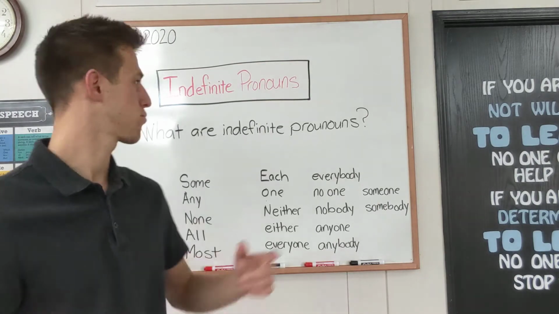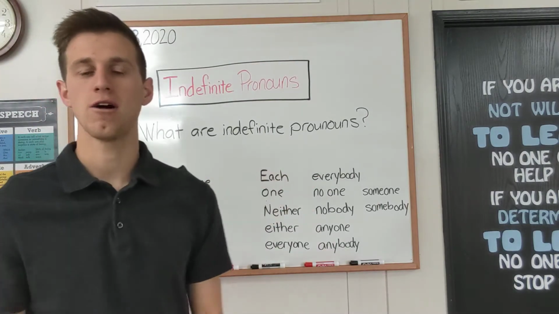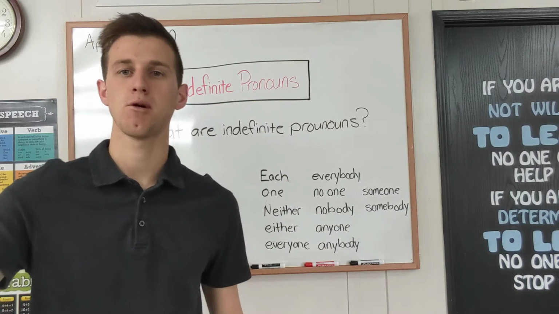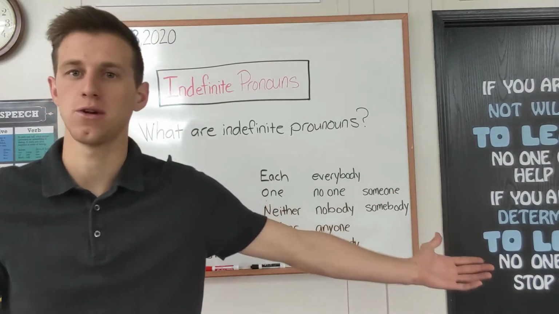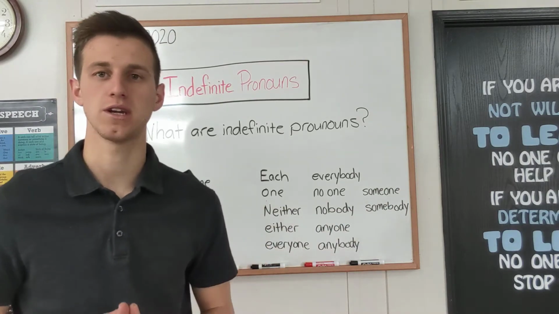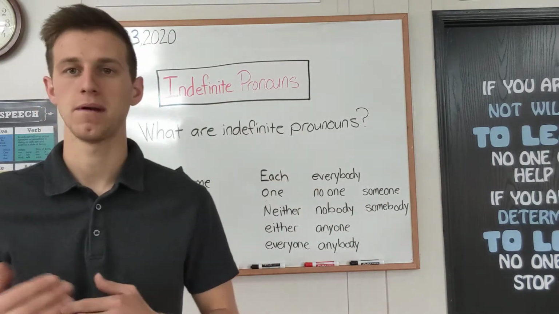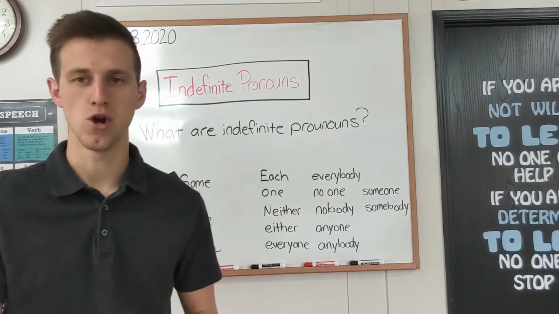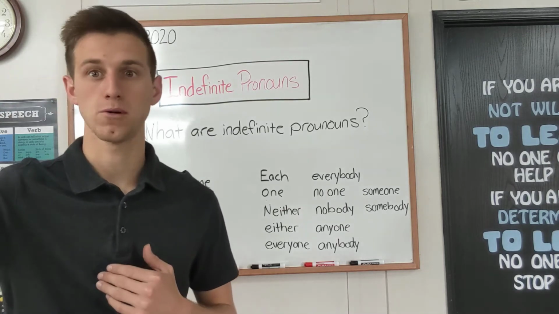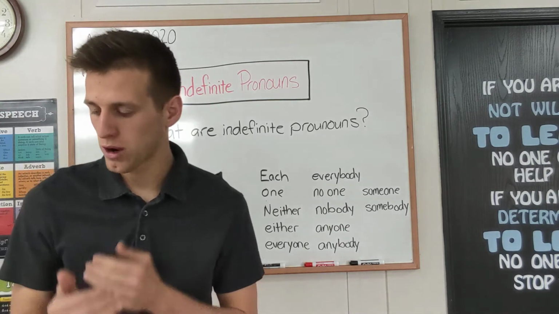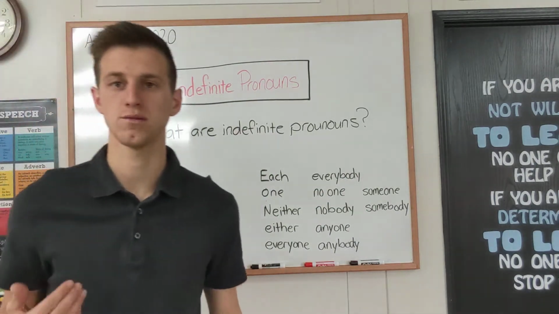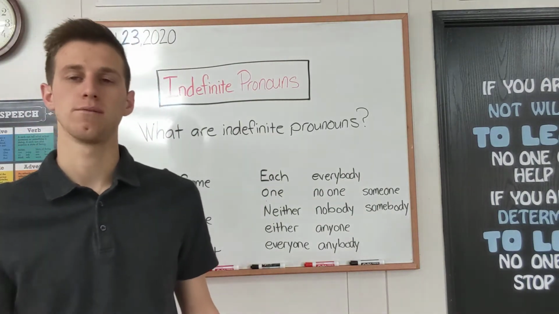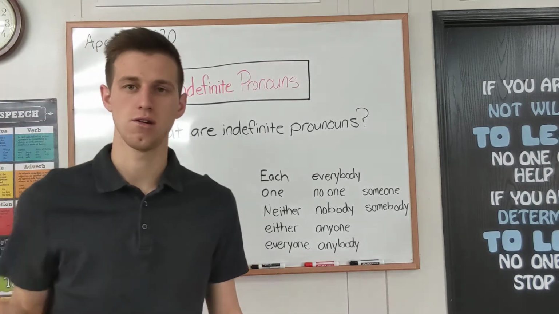Remember, indefinite pronouns are pronouns that do not name a specific person or group of people. It's like there's somebody at the door. It doesn't name a specific person, but it's indefinite. It's an indefinite pronoun. We don't know what person it is, okay? So we are reviewing our indefinite pronouns. Once again, this is a reviewing lesson. I just wanted to go over this, make sure we have our indefinite pronouns locked in here, all right?